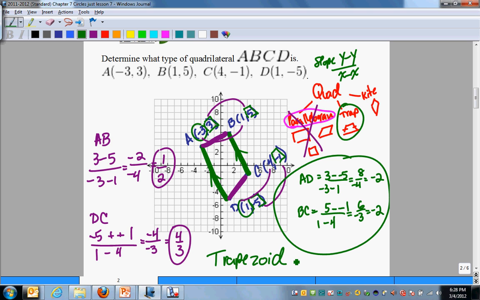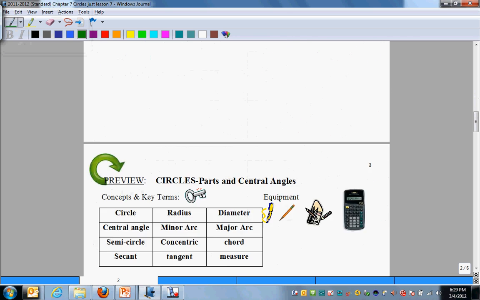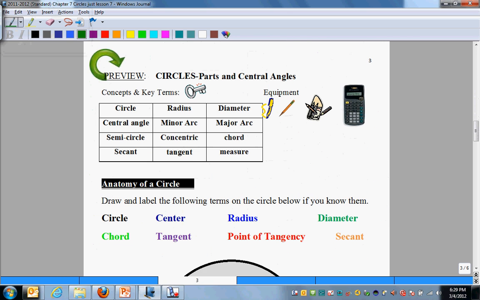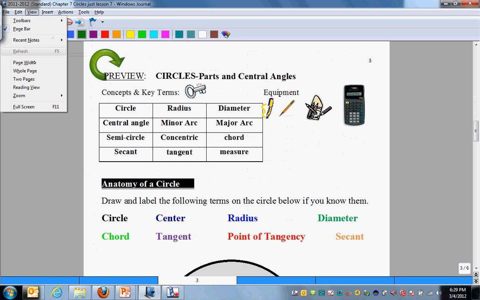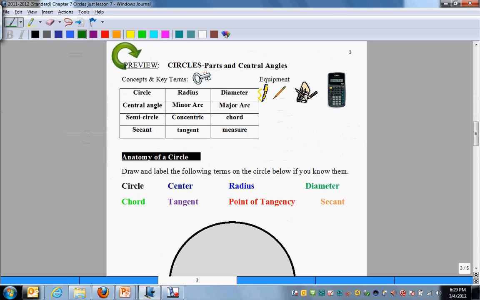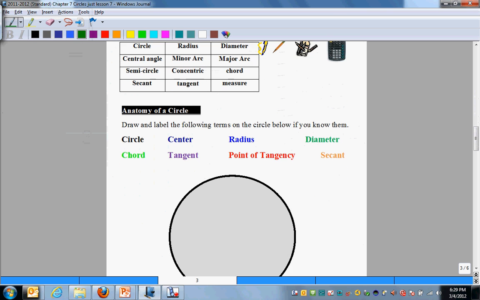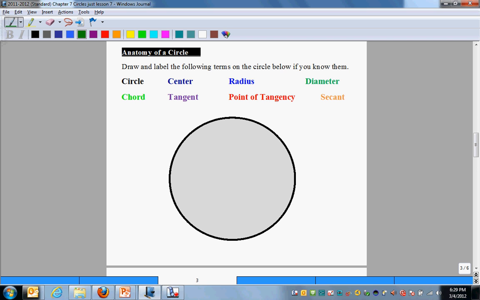Now let's move along to circles. For circles, today's lesson is all simply about vocabulary. So what I'd like you to do is actually pause the video at this point, and I would like you, to the best of your ability, to take all 8 of these vocabularies and attempt to draw them on the circle and label them to the best of your own ability.